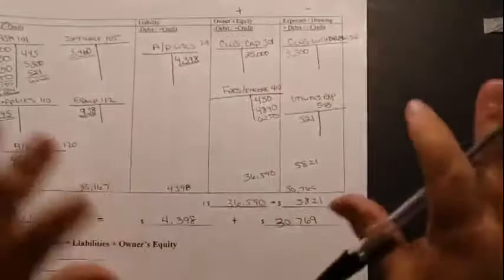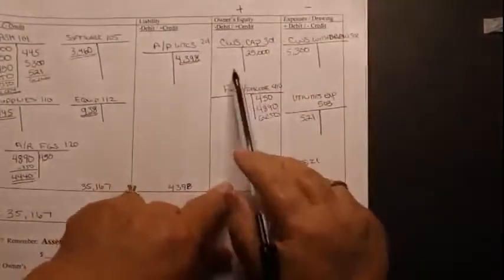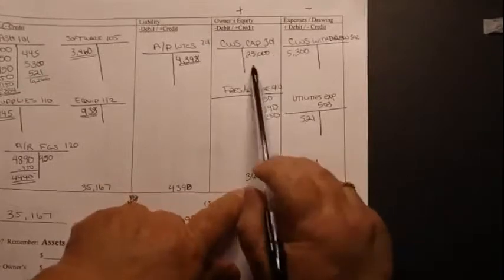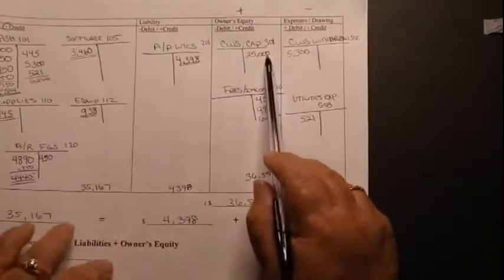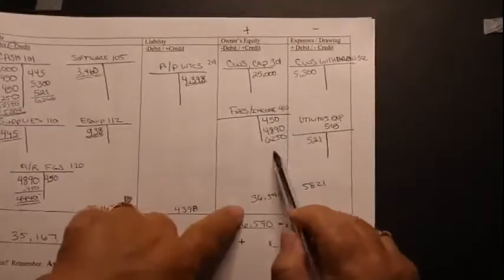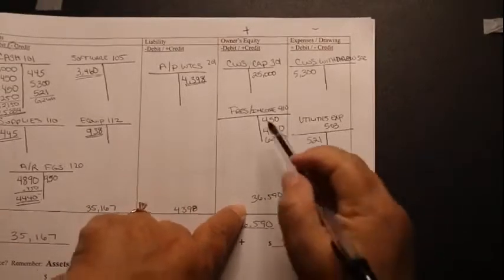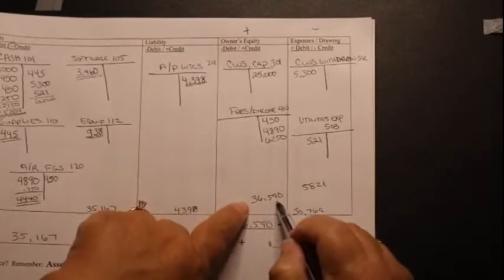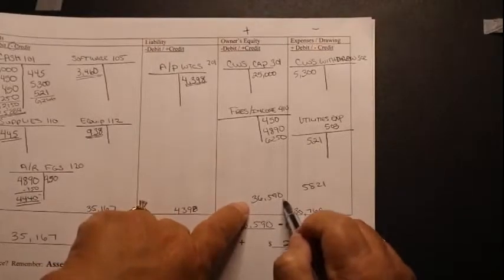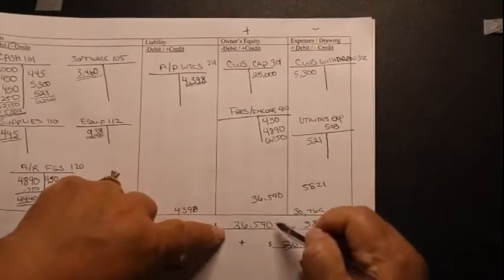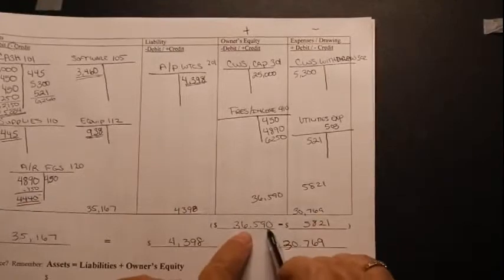Remember, that's a little bit confusing. Positive and the negative. I added up the positives, the capital, plus the fees and income, and then I got $36,590. I wrote that right here.